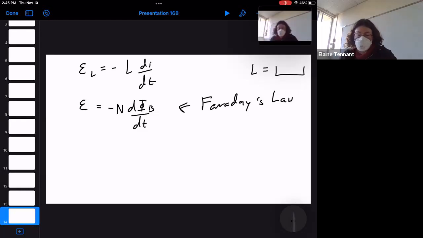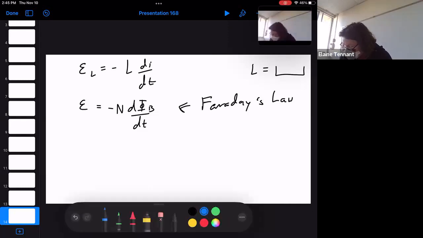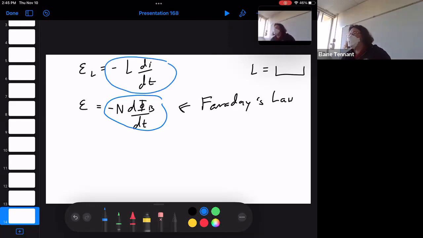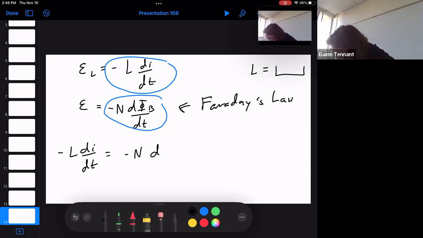And this is going to become important because now we're actually going to build an inductor. It won't be so vague. And so since these are both EMFs, I'm going to take this and set it equal to this. So I'm going to have negative L di dt equals negative N d phi dt.